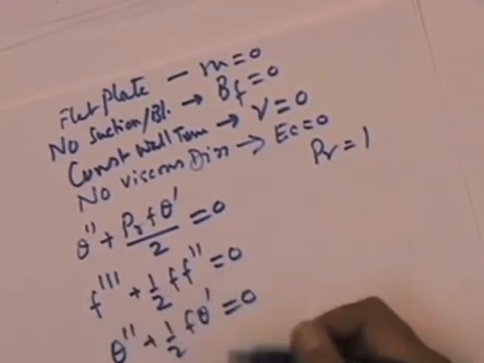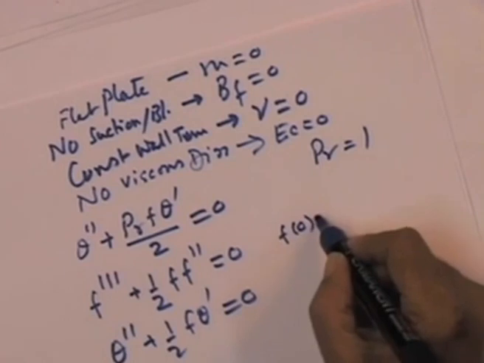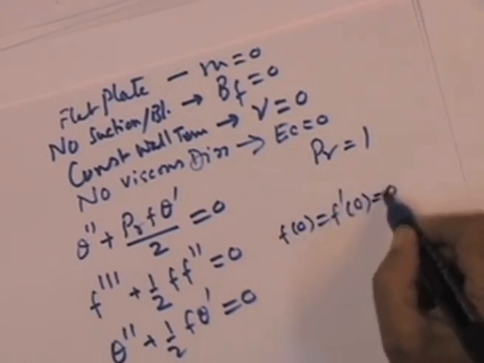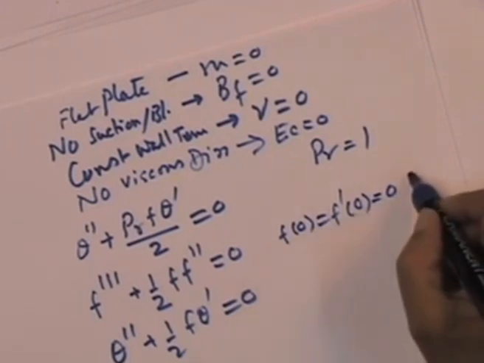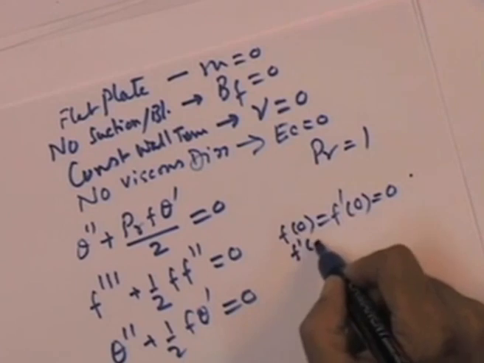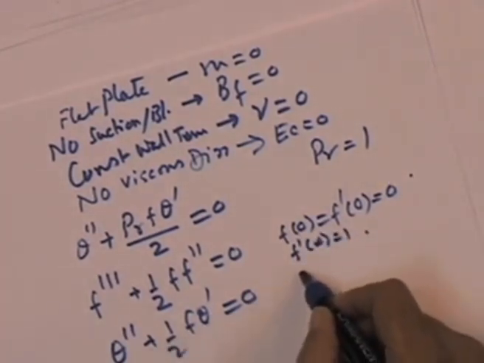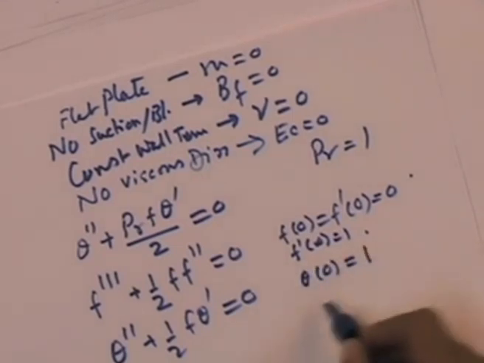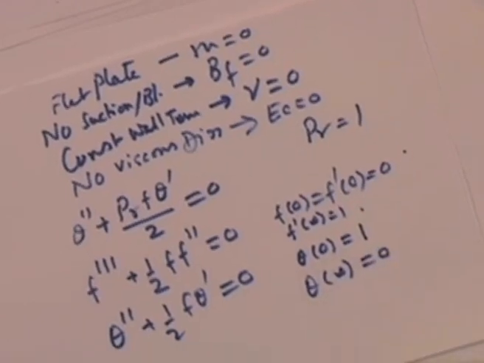The boundary conditions here are f(0) equal to f'(0) equal to 0 and f'(infinity) equal to 1, whereas the boundary conditions here are theta(0) equal to 1 and theta(infinity) equal to 0.